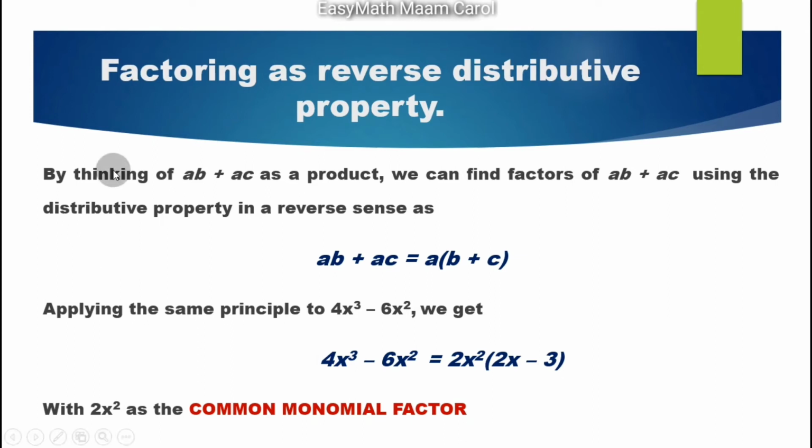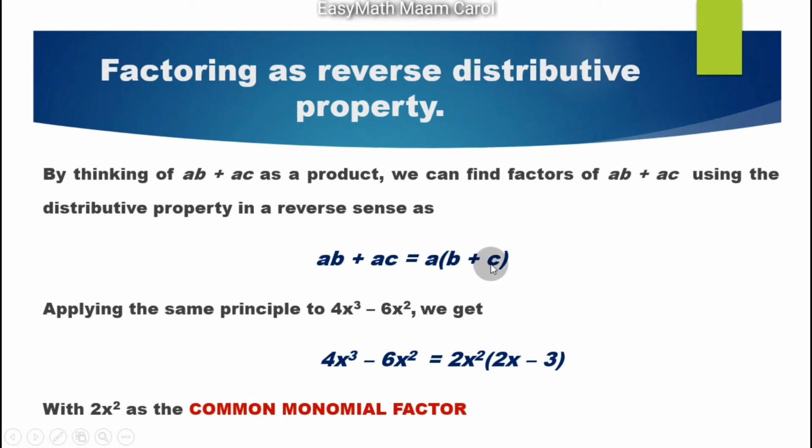So, factoring as reverse distributive property. So, from our previous algebra lessons sa klase natin, we were given yung distributive property kasama ng mga commutative, associative, etc. So, ang ibig sabihin ng distributive, you multiply a particular number doon sa loob ng parentheses.